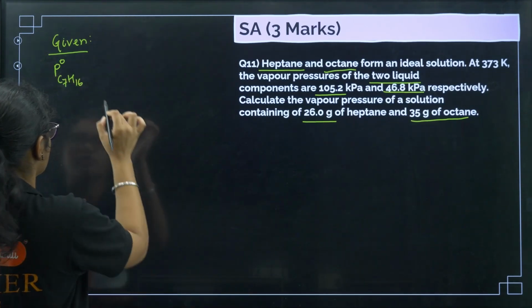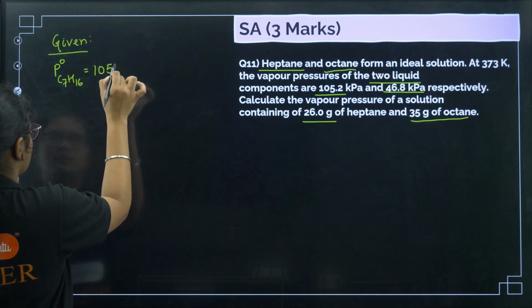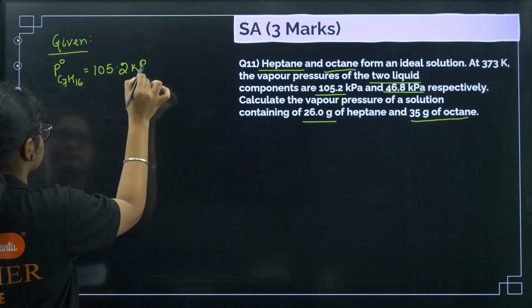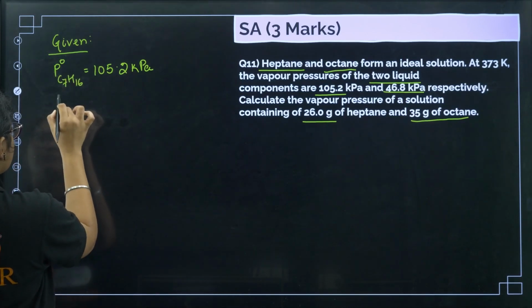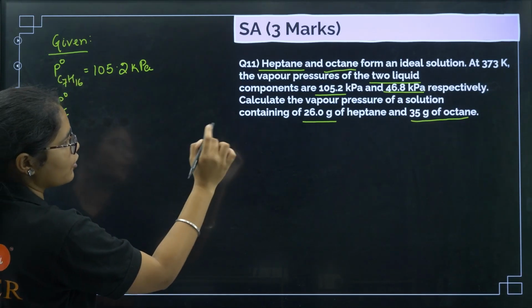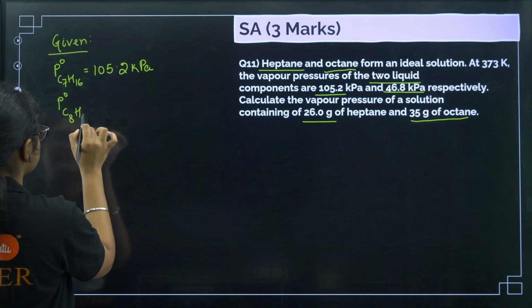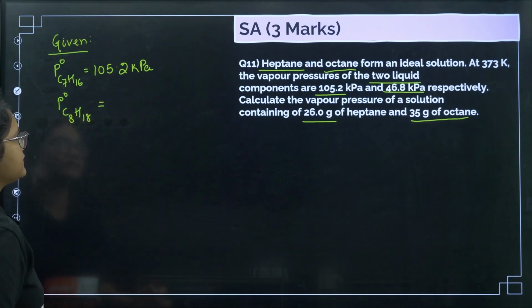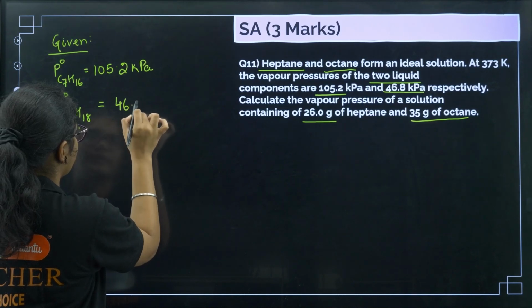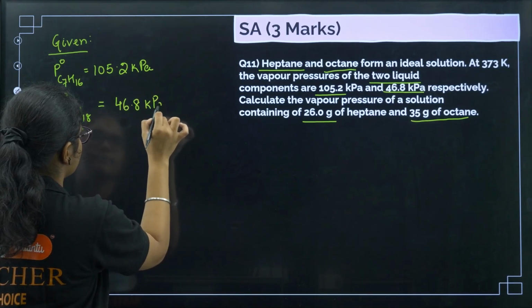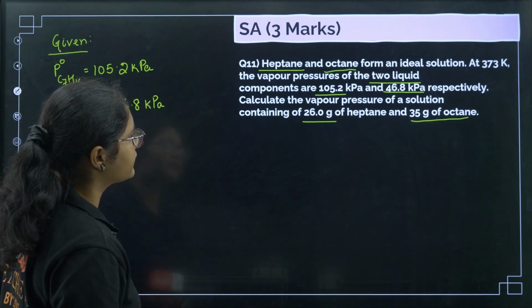So that is 105.2 kilopascal. Next we have P naught of octane. Octane will be 8, 8 twos are 16 plus 2, 18. C8H18, and that value is 46.8 kilopascal. Okay.